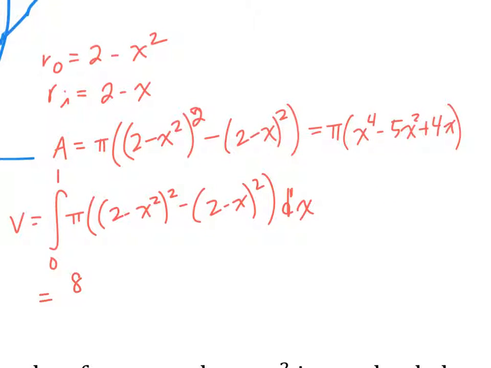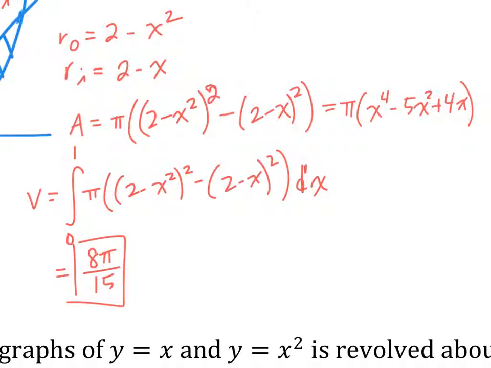You get 8 pi over 15. Okay, please be careful. One of them is 2 minus x squared, squared. The other one's 2 minus x, so they're not the same. You shouldn't get the same result when you square them.